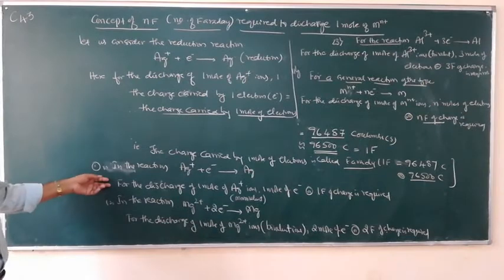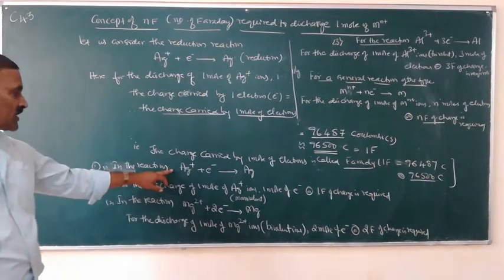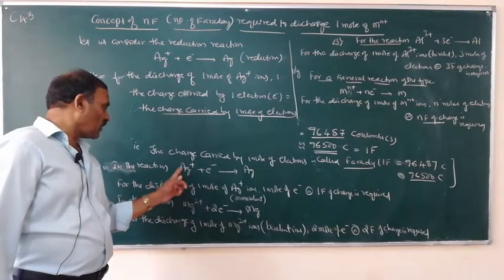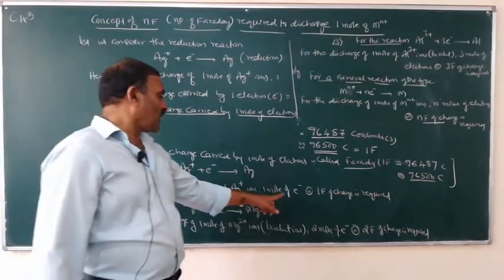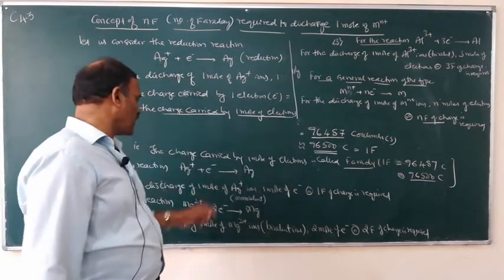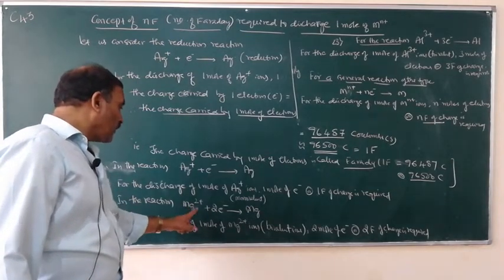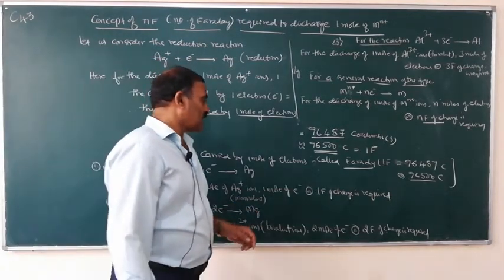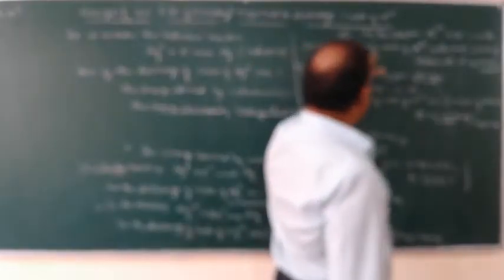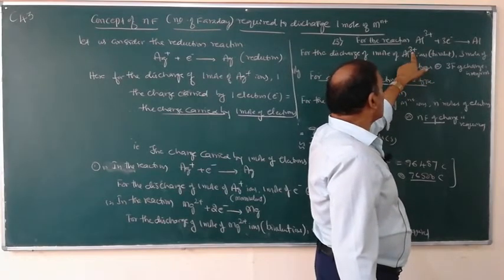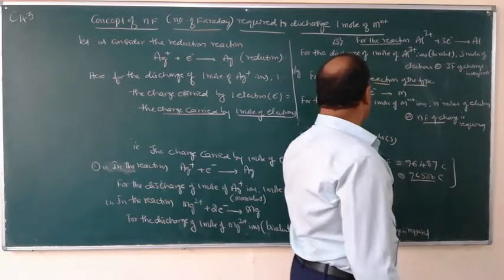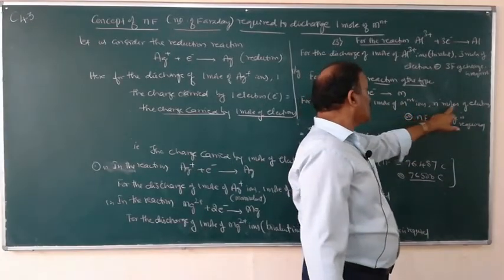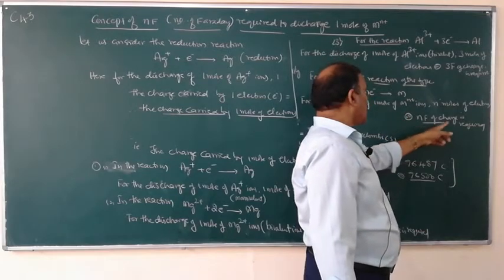So we have considered monovalent, bivalent and trivalent reactions: for 1 mole of monovalent ions we need 1 Faraday, for bivalent ions 2 Faraday, for trivalent ions 3 Faraday, and for Mn plus ions n Faraday of charge is required.